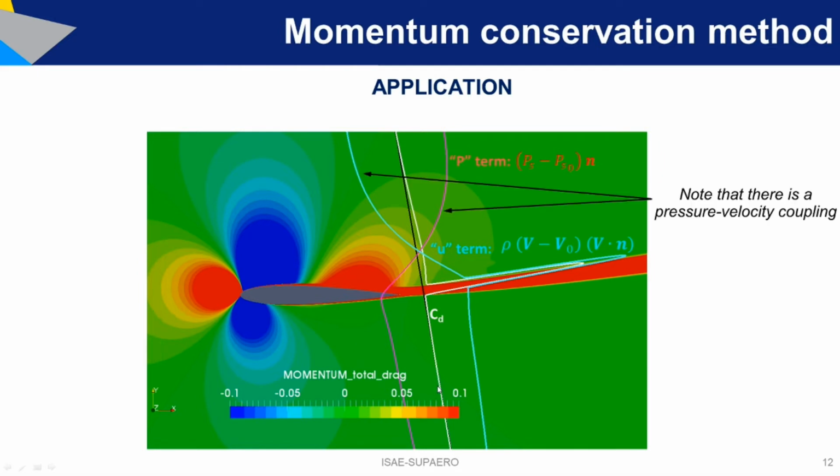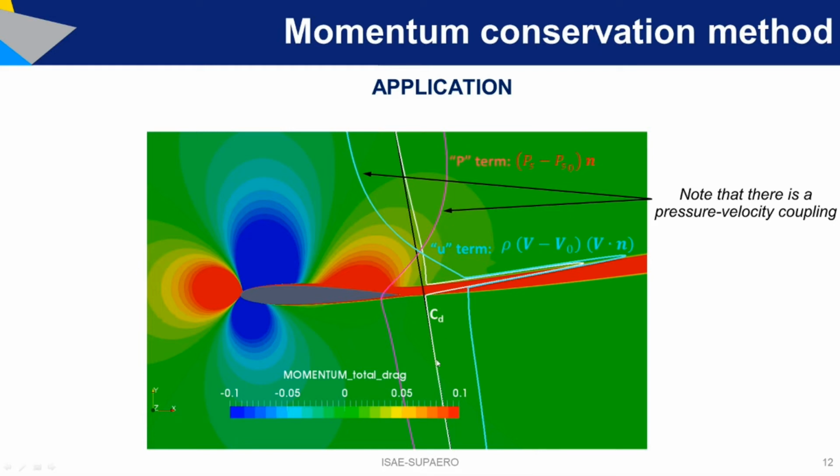The first thing that we realize when we observe its components, the pressure term and the velocity term, is that we can see there's a sort of coupling between the pressure and velocity. We can realize that where the velocity varies, also pressure varies. So there's a sort of coupling between those terms.